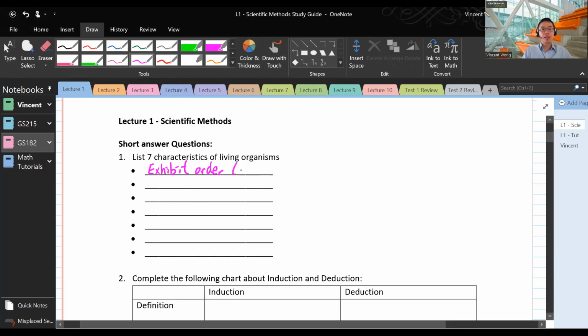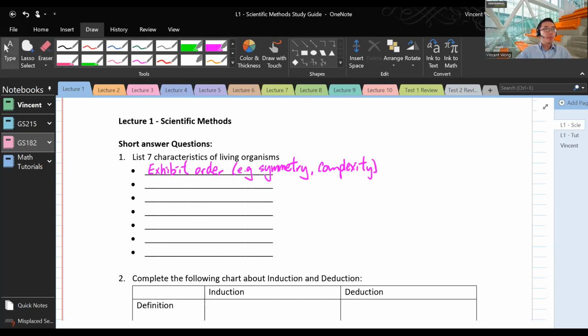That means, for example, there is going to be some symmetry. There's going to be some complexity. So, exhibit order.